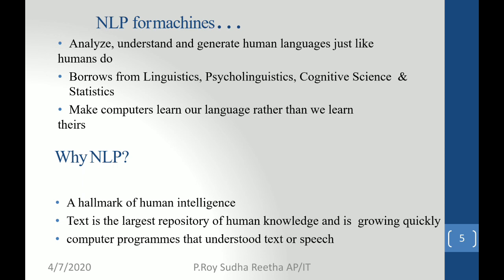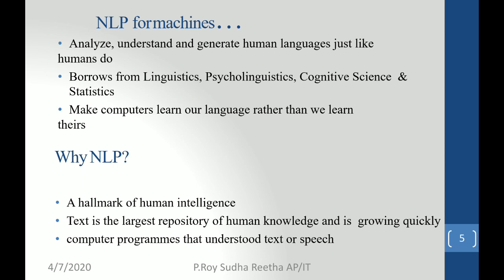Cognitive science and statistics is a mathematical way of orienting the data, and these are the important concepts of why machines make use of natural language processing. Natural language processing is said to be a hallmark of human intelligence, that is a masterpiece, and it is one of the best innovative ways and refers to all other concepts used in artificial intelligence.